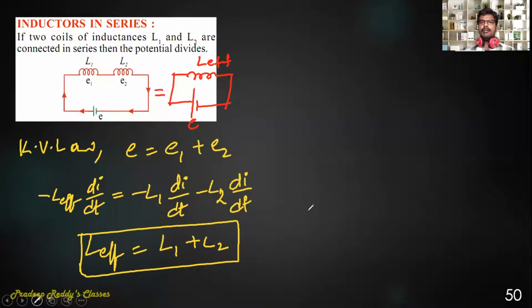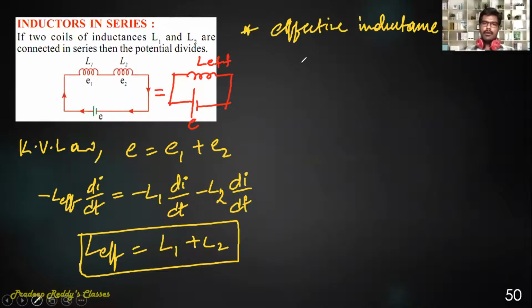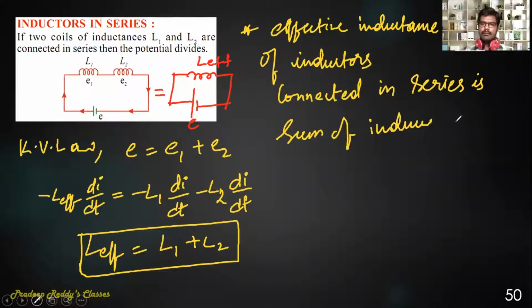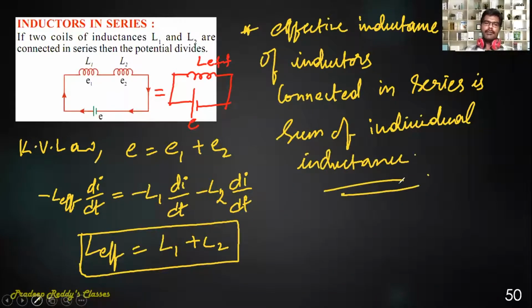This is how, when two inductors are connected in series, their effective inductance is the sum of the individual inductances.